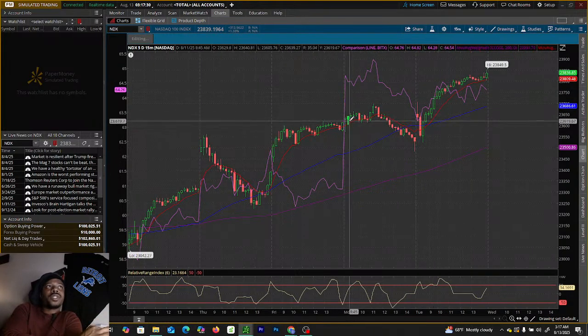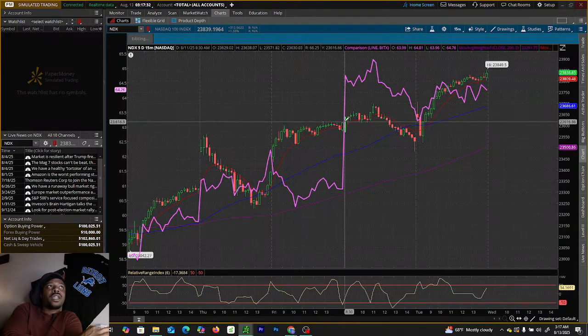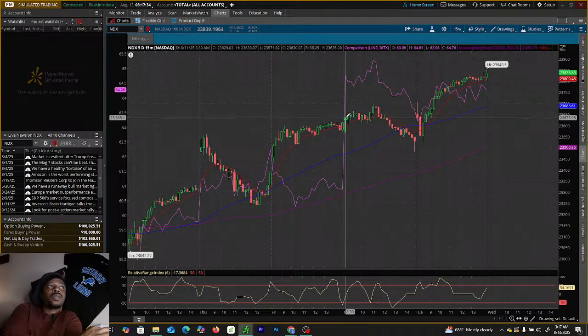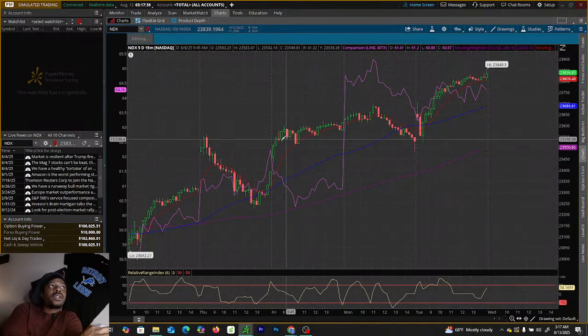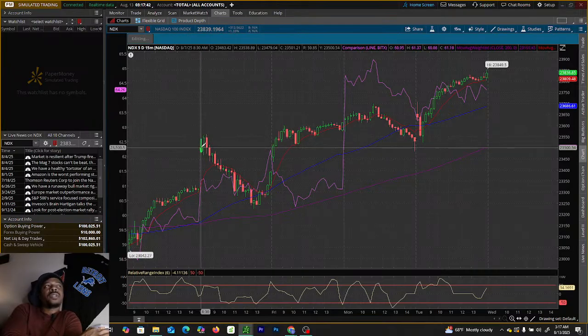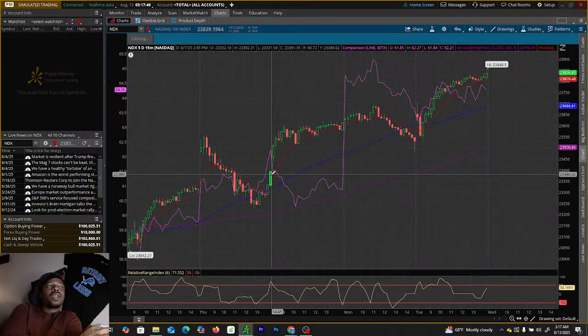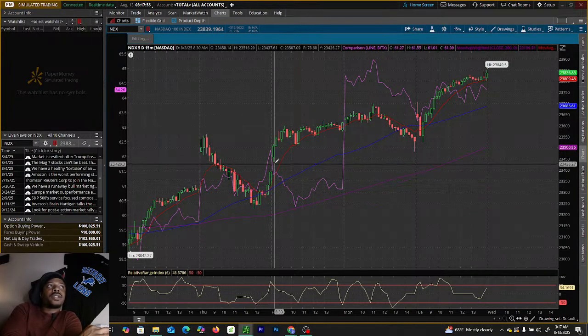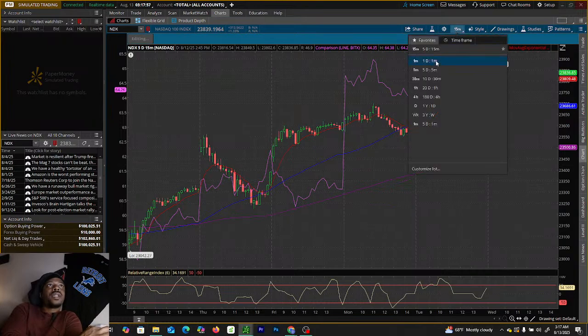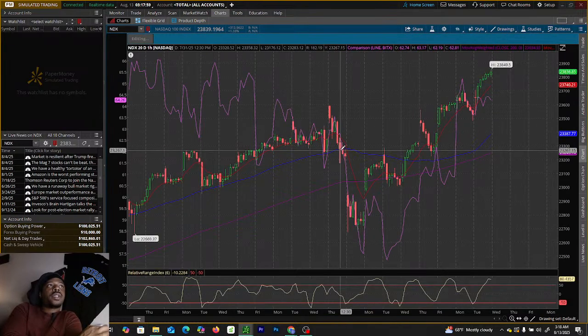But this wasn't true on this day, because it opened green and was kind of indecisive, a huge doji candle, and it closed red, even though this is a green candle. A lot of people got into the trade at the close. Let's go to the 20-day chart.